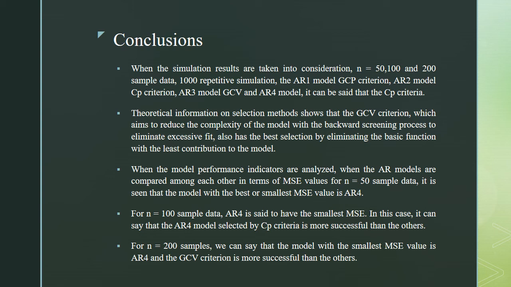When the model performance indicators are analyzed and AR models are compared among each other in terms of mean square error values for n 15 sample data, it is seen that the model with the best or smallest mean square error value is AR4. For n 100 sample data, AR4 is said to have the smallest mean square error.